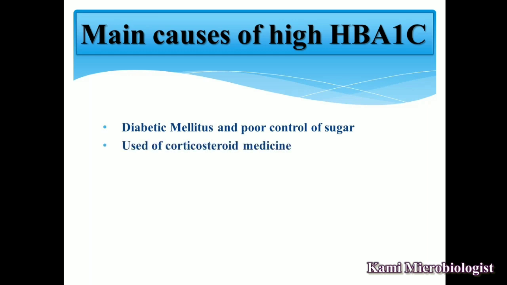Due to corticosteroid medicine, which is used for the treatment of inflammation, it will affect the pancreas, and the insulin level will be decreased, so the glucose level will get high and it will increase the HbA1c level.